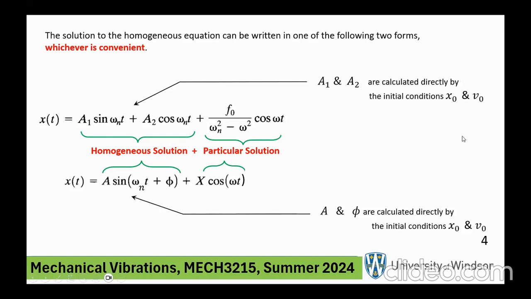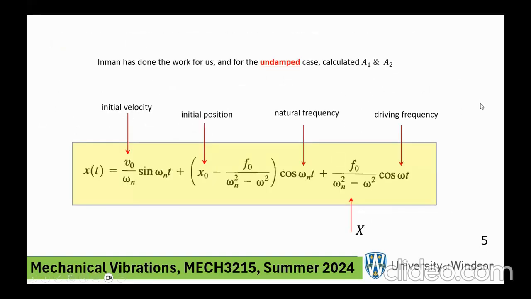If you gave me those values, I can take x of t either from here or from there, plug in 0, get an equation involving A1 and A2, and differentiate this thing, set again t equal to 0, get another equation for A1 and A2, and solve it. It's algebra. And the same thing down here. A lot of algebra.